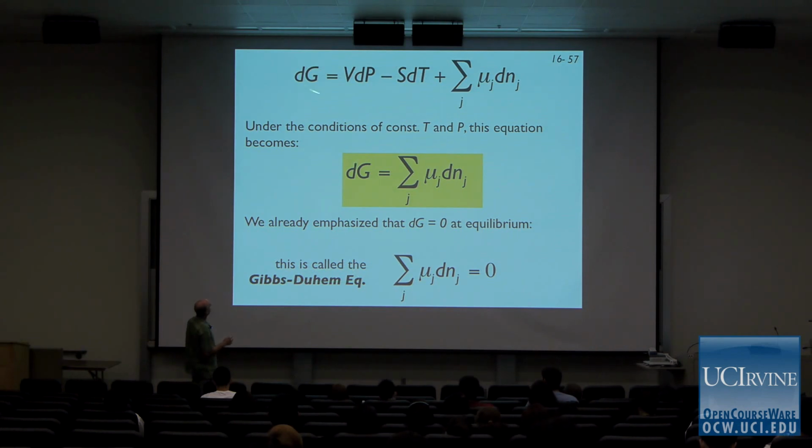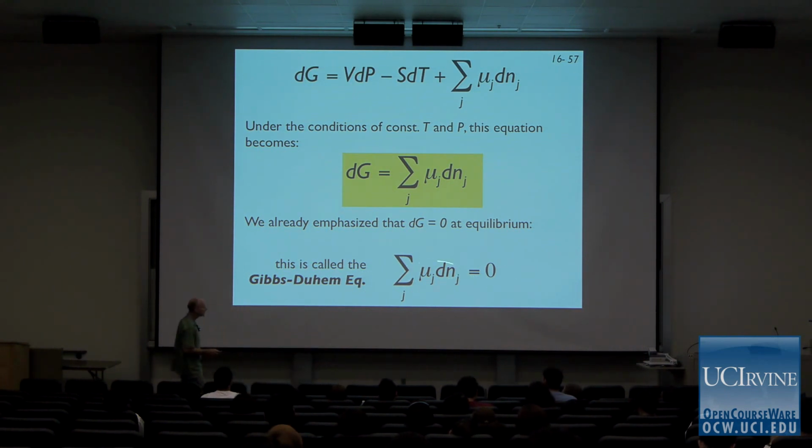Now, if this equation is true, we know at equilibrium dG is equal to 0. Right? If dG is equal to 0, then this thing has to be equal to 0. All right? At equilibrium. And so it seems intuitively obvious that that would have to be the case, but that's given its own name. That's called the Gibbs-Duhem equation.